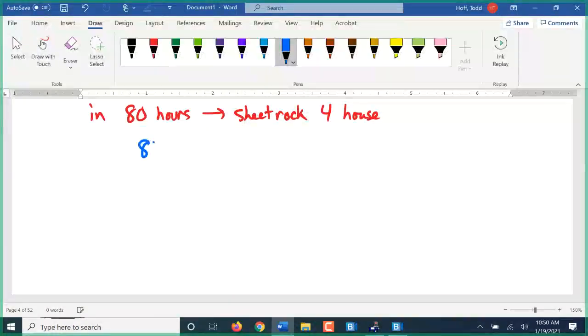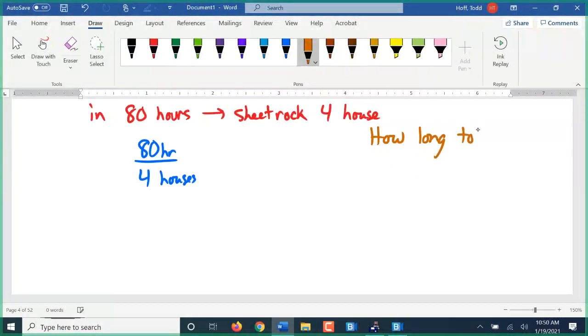Ratio, 80 hours, 4 houses. I'd ask, how long would it take to do 11 houses?